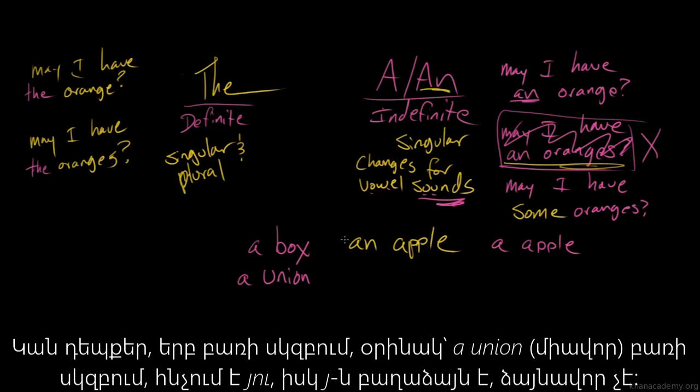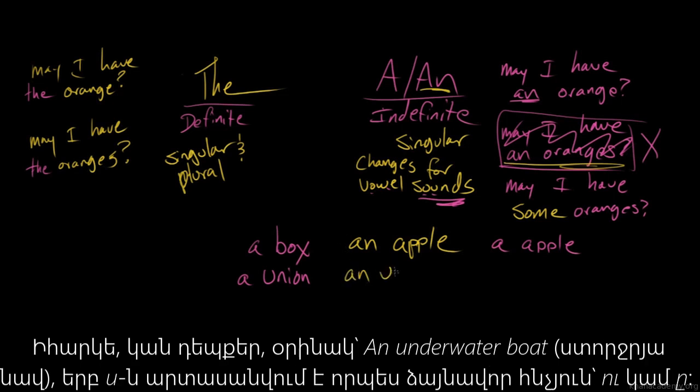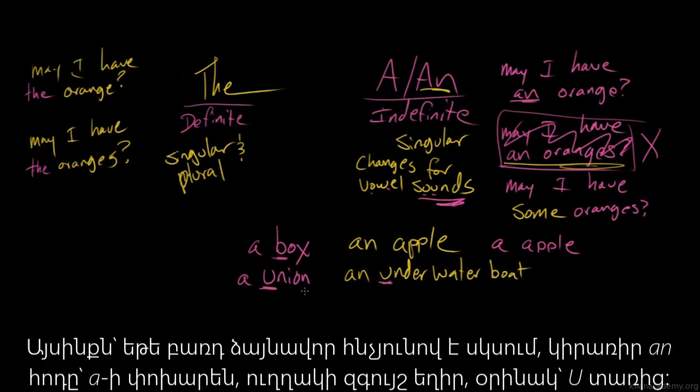It's not a vowel. But there are certainly cases, like an underwater boat, where the letter U does produce an oo or an sound, and that's a vowel. So if you're going to start the word with a vowel sound, what you want to do is choose an instead of a. But just be careful of the letter U, for example.